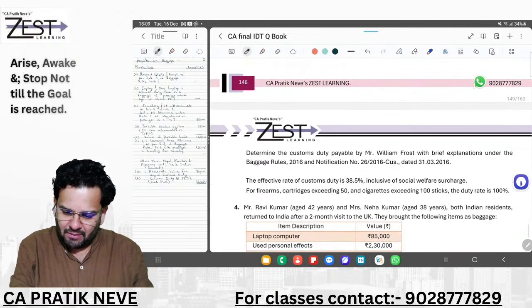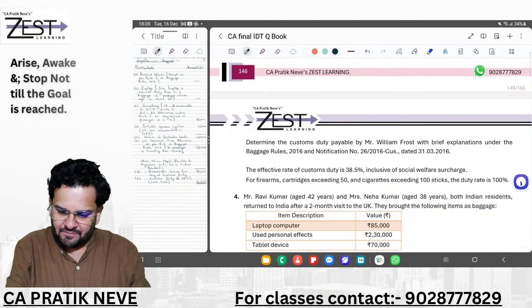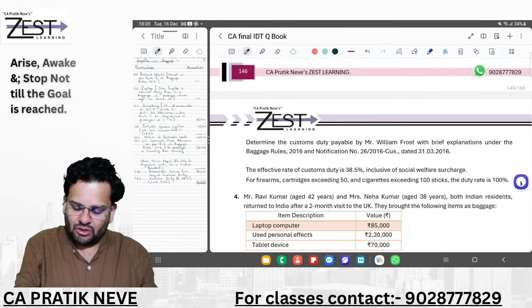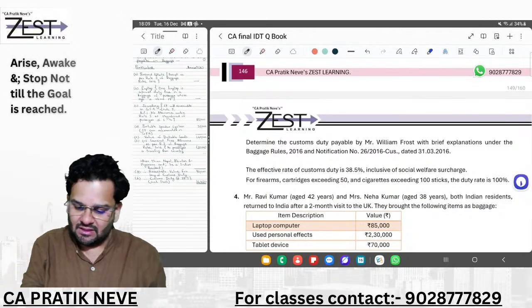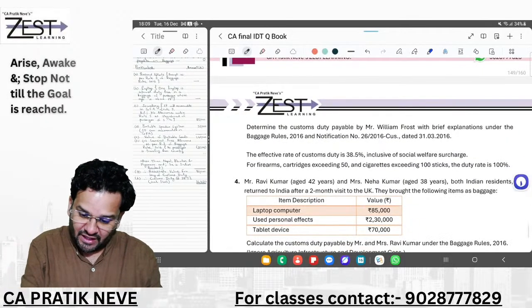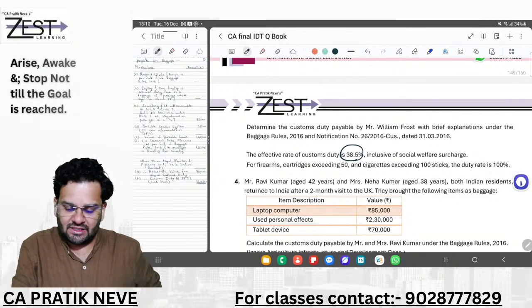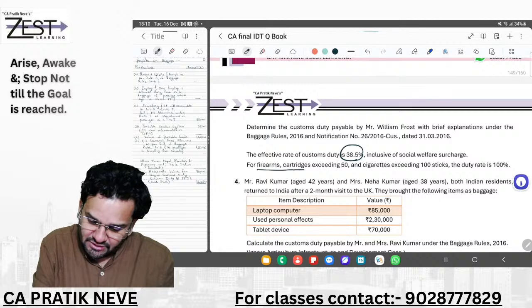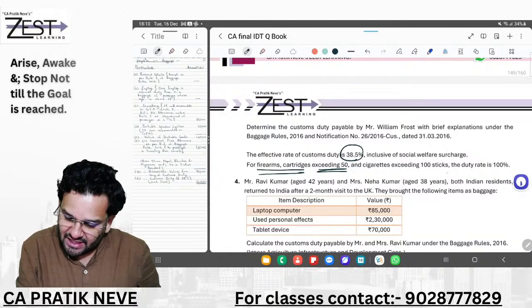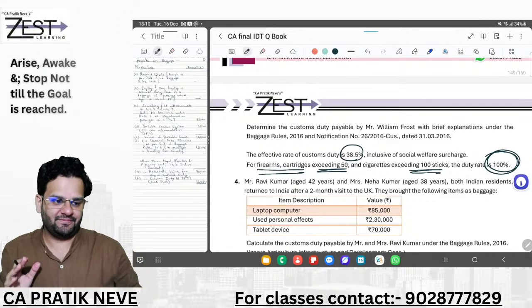Determine customs duty payable by Mr. William Forrest with brief explanations under Baggage Rules 2016 and Notification number 26/2016 Customs dated 31st March 2016. The effective rate of custom duty we know is 38.5% including SWS. For firearms and cartridges, so firearms exceeding 50 and cartridges exceeding 100, the duty will be at 100%.